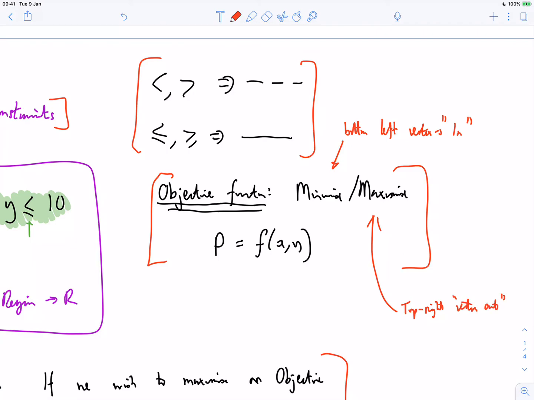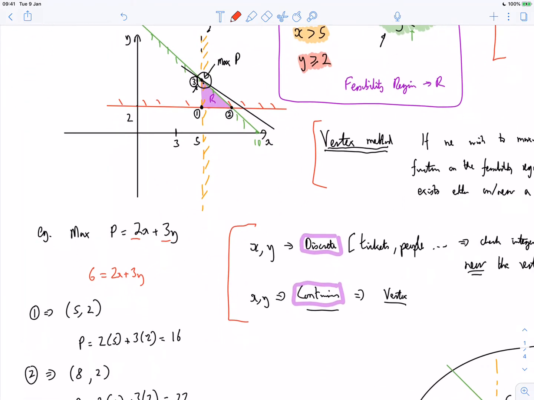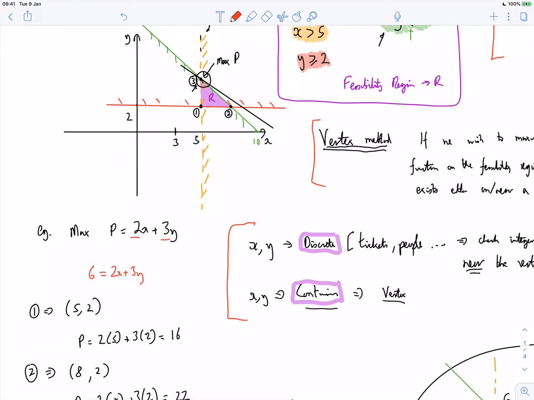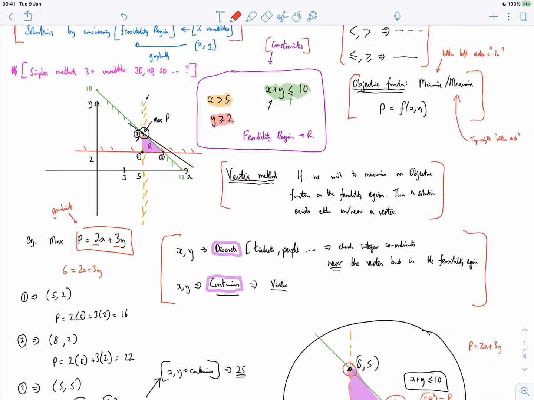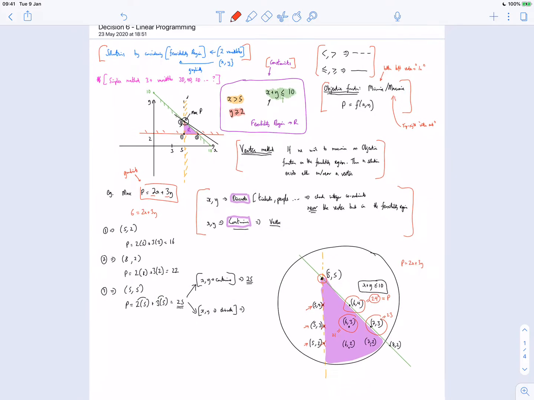It's not completely obvious which one that is because it depends entirely on the gradient of the objective function. So please be careful with that. But that is essentially it.